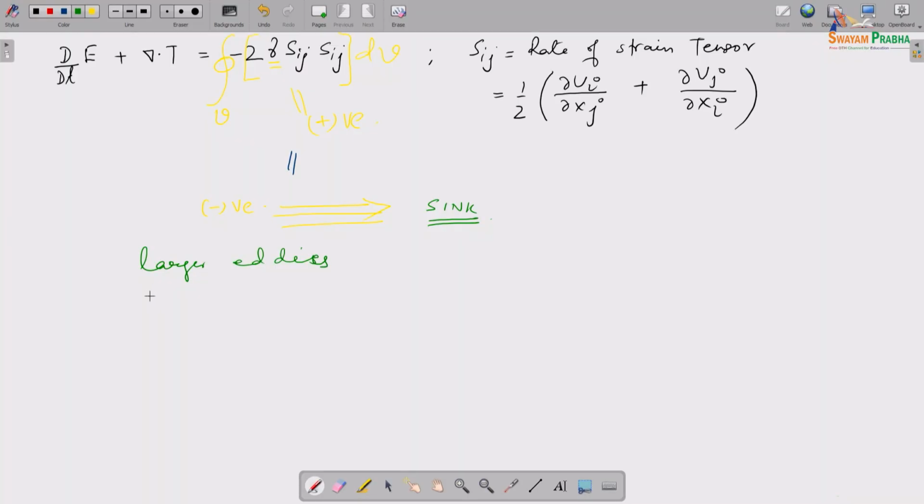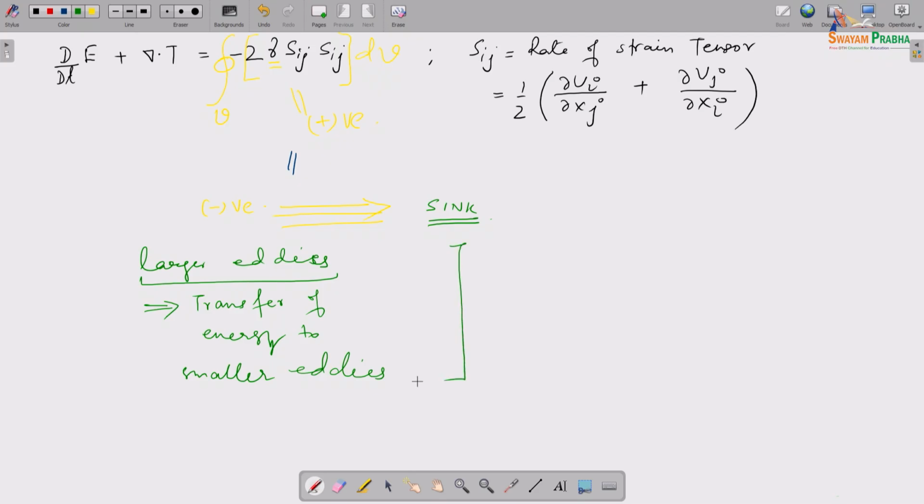Okay, the inertial subrange, right? So when we have larger eddies, there is the transfer of energy to smaller eddies, right? And how long is this going to go on? Till we reach a length scale where this is not going to happen. Then what is going to happen? I still have energy to account for.